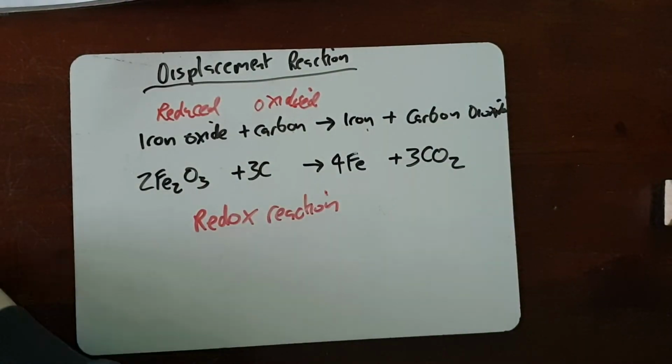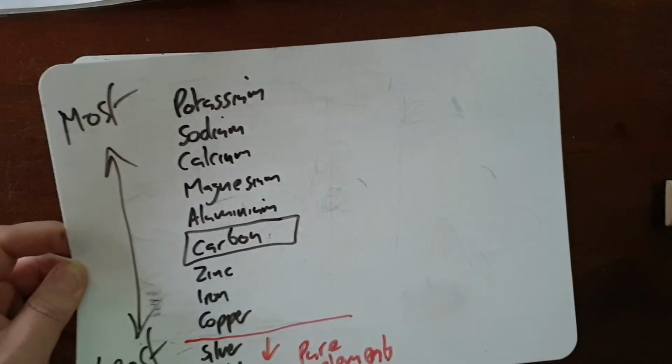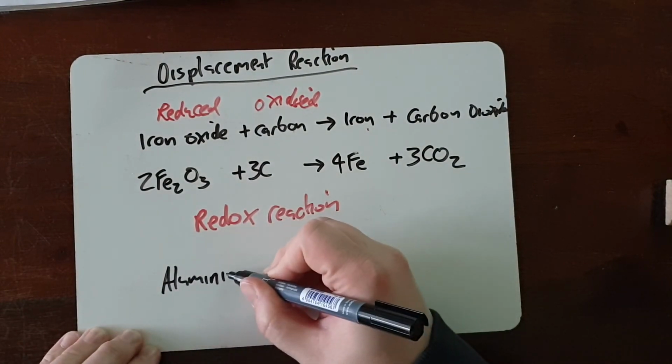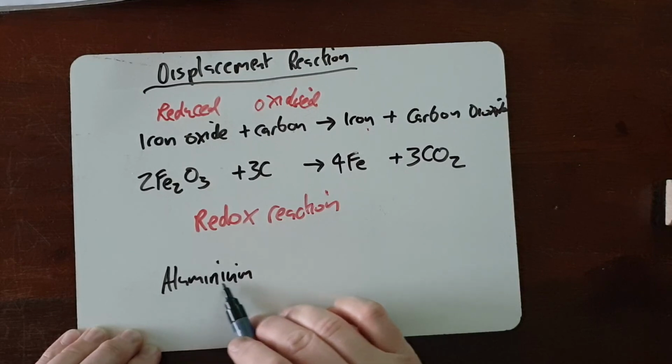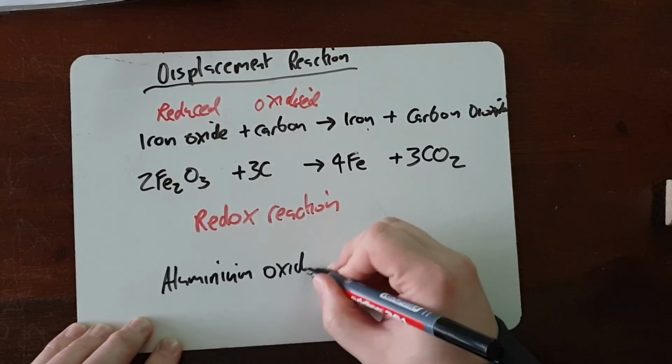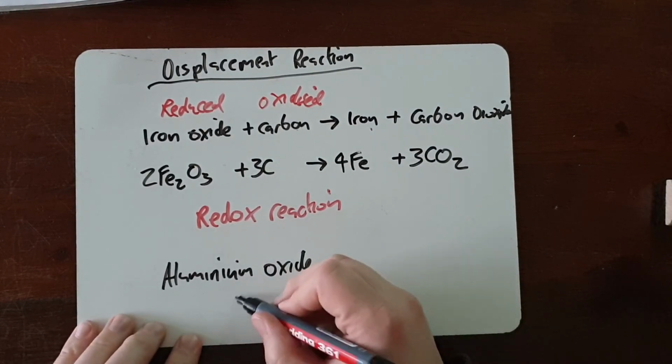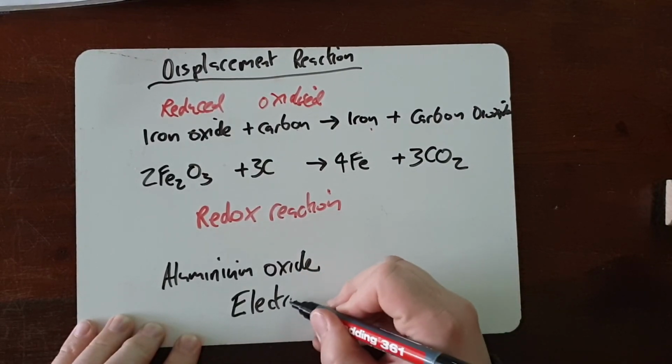And for that, if I pick aluminium as an example, if you've got aluminium oxide and you want to turn it into aluminium, you have to do electrolysis.